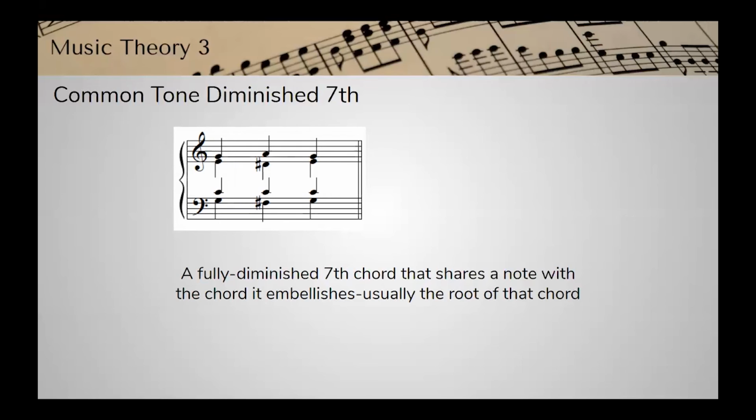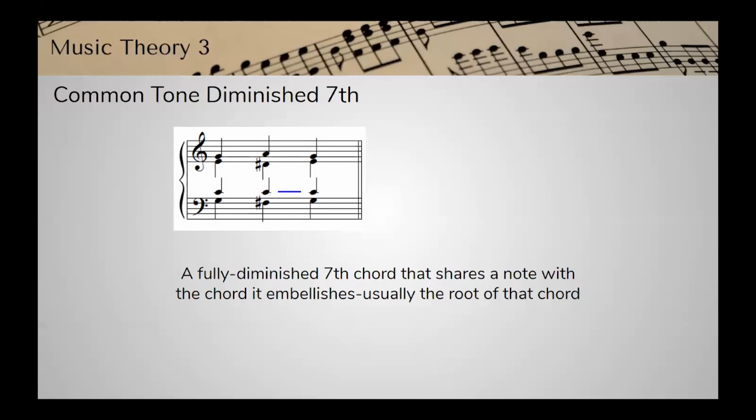It's also a stack of minor thirds, so that's a fully diminished chord. And the chord that follows it is the same 1-6-4 that we just had. But there's nothing in that middle chord that would lead to the root of that next chord, right? There's no B in this chord, so this is not a leading tone seventh chord like it should be.